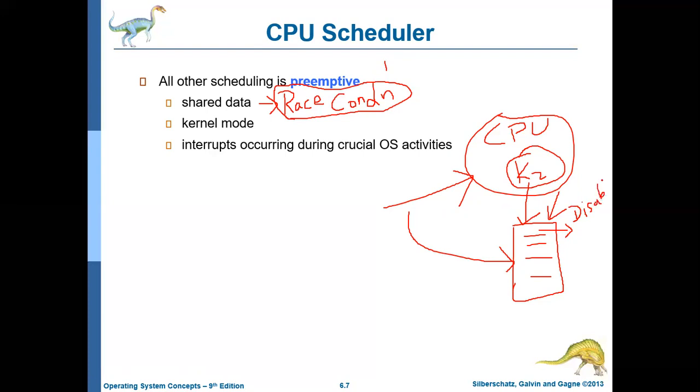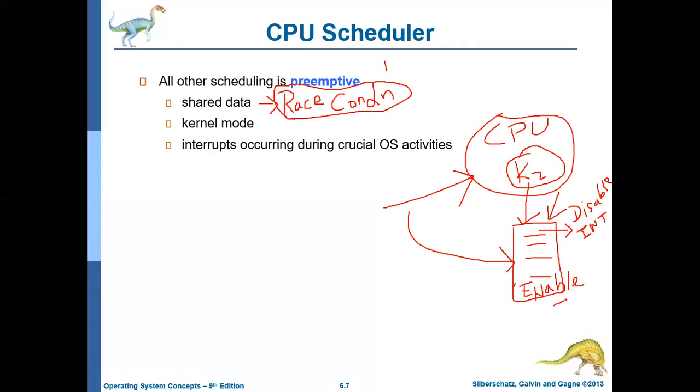That is, no interrupt can occur until it is enabled. Once all the instructions are executed and the crucial operating system task is completed, the last instruction will be to enable interrupts. This is how we can stop such activity.